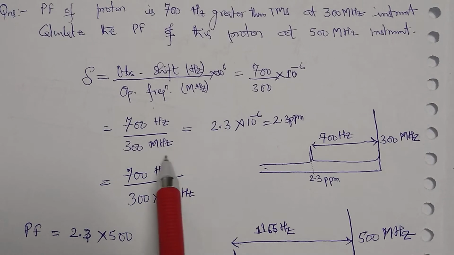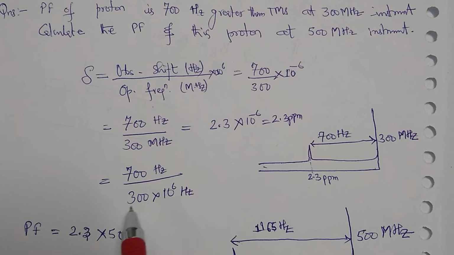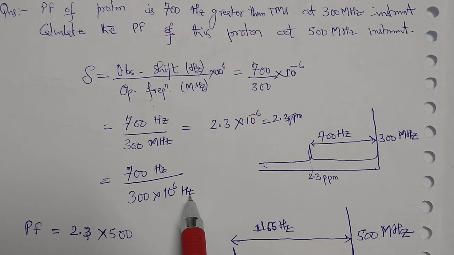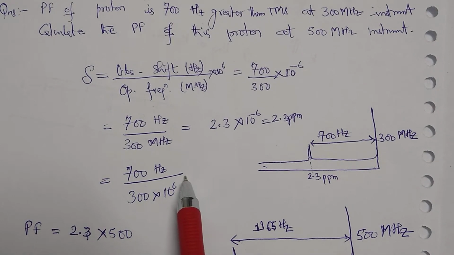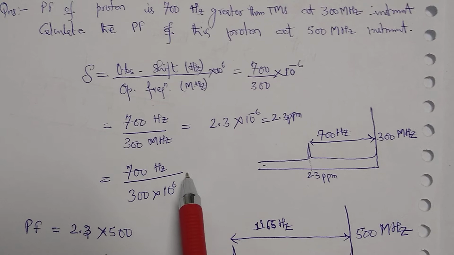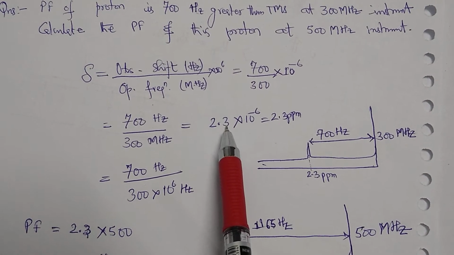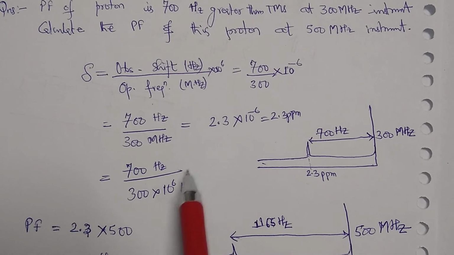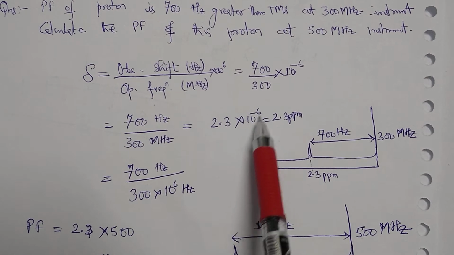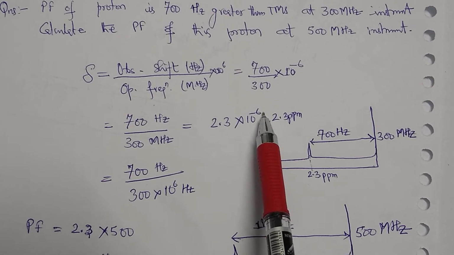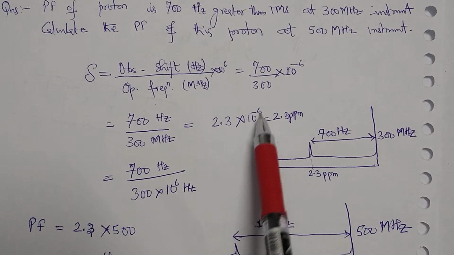For that we have 300 MHz, so 300 MHz can be written as 3 into 10 to the power 8 Hz. Now if we multiply it with 10 to the power 6, then we will get 2.3 as a numerical value. That is 2.3 into 10 to the power minus 6, where minus 6 can be called parts per million.